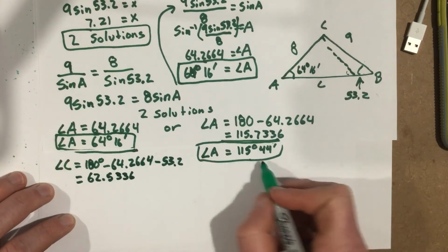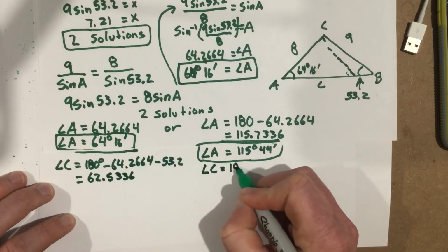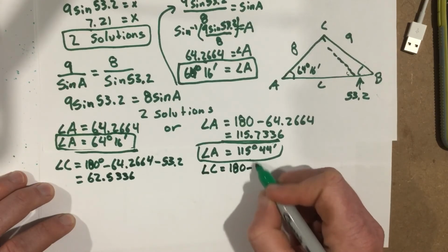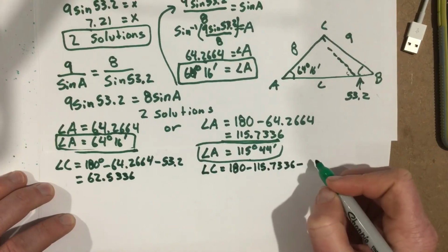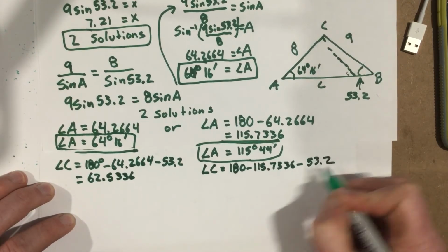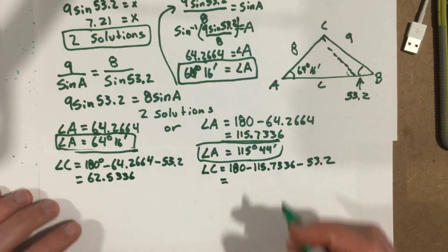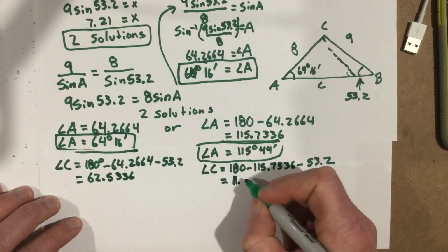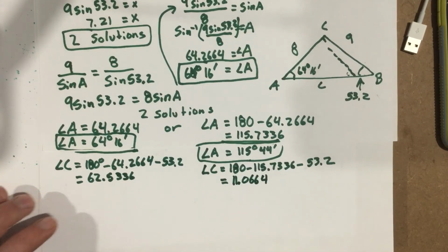Now let's do the same thing over here. Angle C is 180 minus 115.7336 minus 53.2. And we plug that in, and we get 11.0664. And remember, I'm still rounding to 4 decimal places like they wanted.